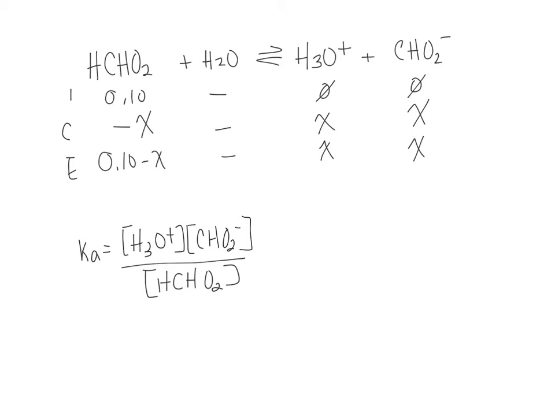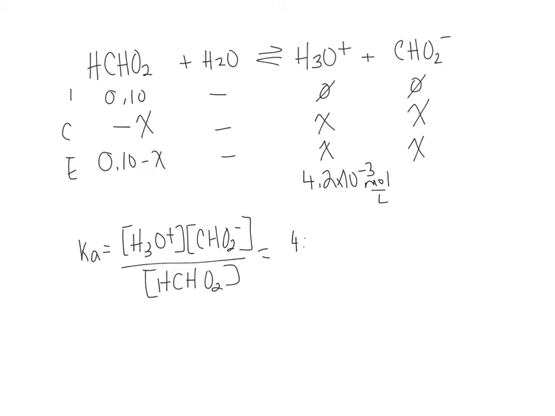But we do know our x value because we found our hydronium ion concentration in the previous question when we calculated our hydrogen ion concentration from the pH for the percent ionization. So x was equal to 4.2 times 10 to the negative 3 moles per liter. So now we can substitute that value in to solve for our Ka.